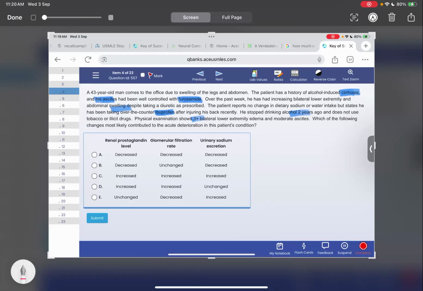But overall, we have a use of diuretic, a loop diuretic. And why is he using this? Because he has cirrhosis, and cirrhosis is causing ascites. So some doctor has given him a diuretic to reduce the fluid. Now he has been using ibuprofen, an NSAID.